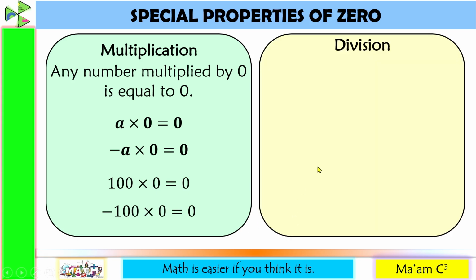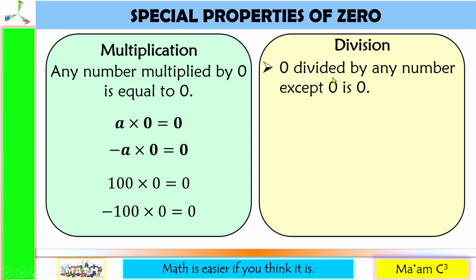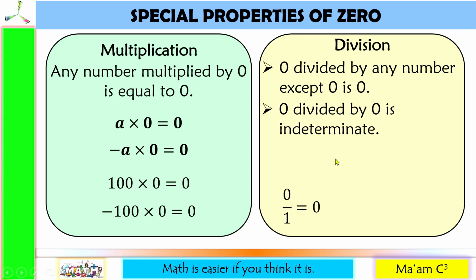For division, first, 0 divided by any number except 0 is 0. So 0 divided by any number except 0 is equal to 0. It says here except 0. So what if 0 is divided by 0? It is indeterminate. 0 over 0 is indeterminate.